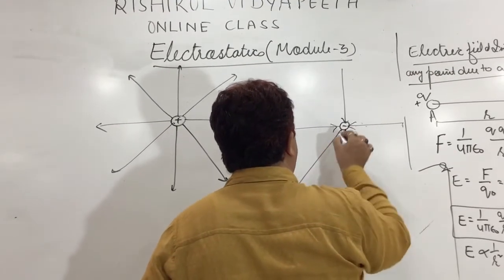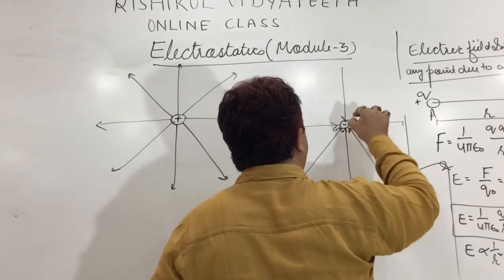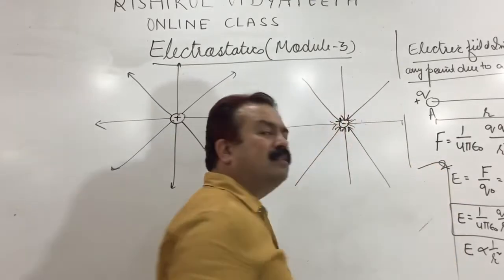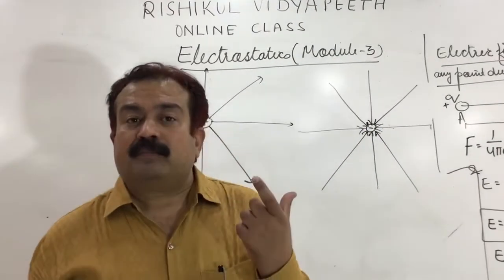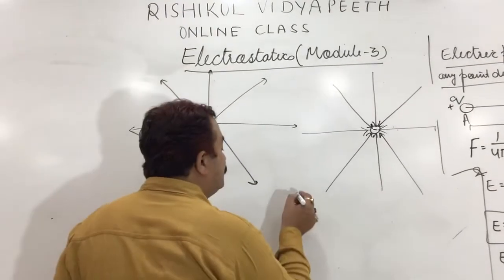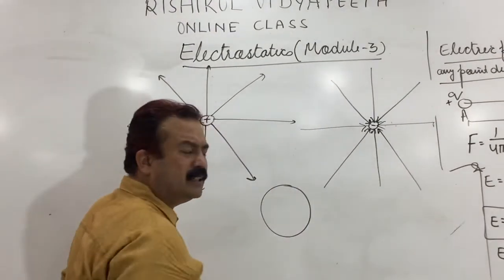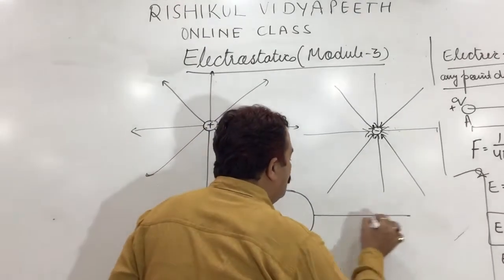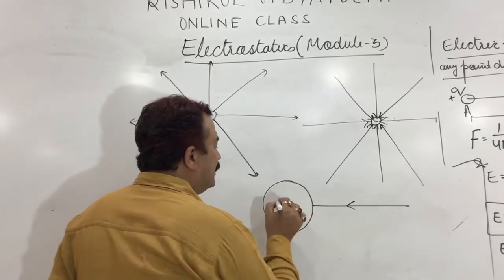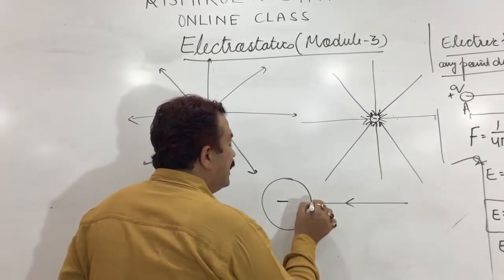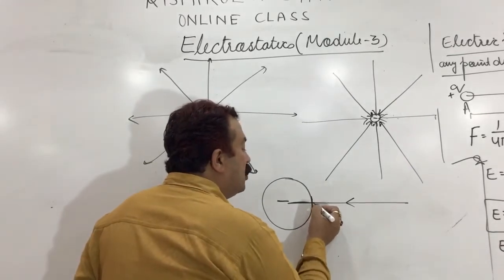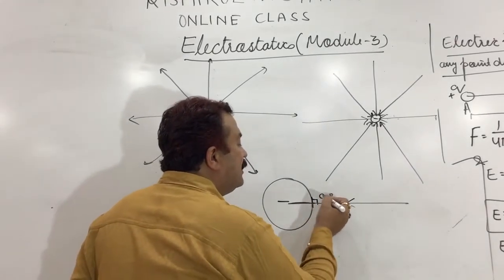What is the exact meaning of radially inward and radially outward? What is the basic meaning of radial? Along its radius. Along its radius means, if this is our point charge, then the electric lines of force are always directed exactly along the radius. It means on the surface, they are always at 90 degrees.